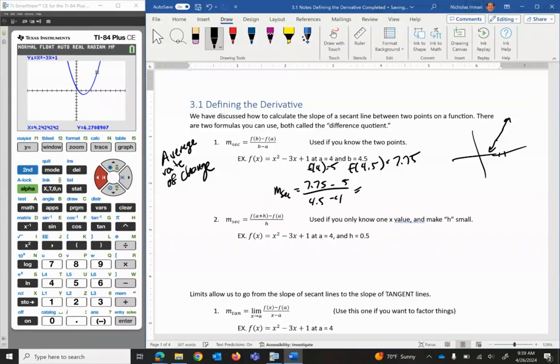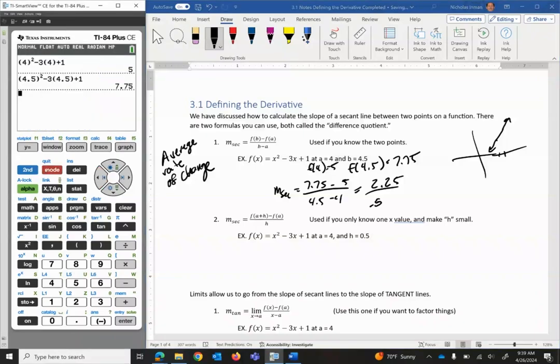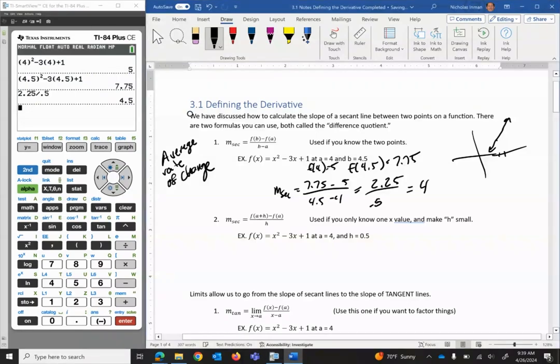Subtract your y's, subtract your x's. So 2.25 over 0.5, and we've got a slope of 4.5.